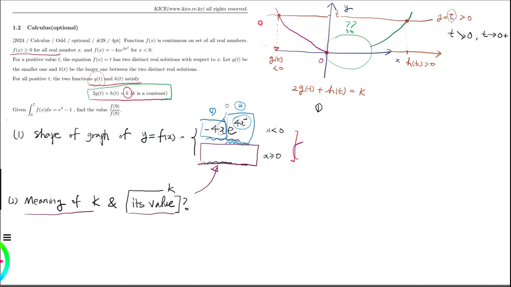As t goes to 0, the function g of t goes to 0, because its limit value when x goes to 0 from below, since it's a continuous function, f of x is 0, and it is continuous.